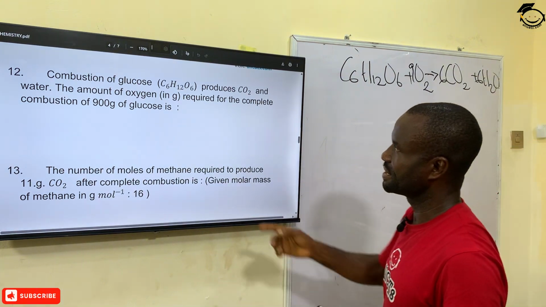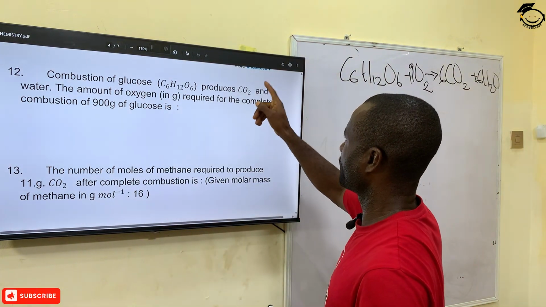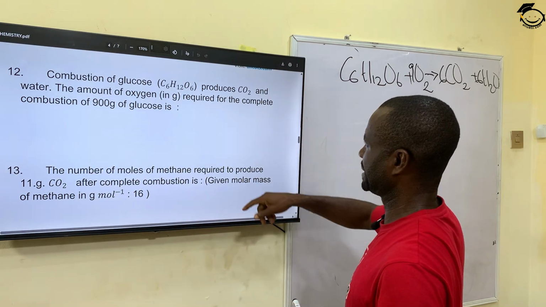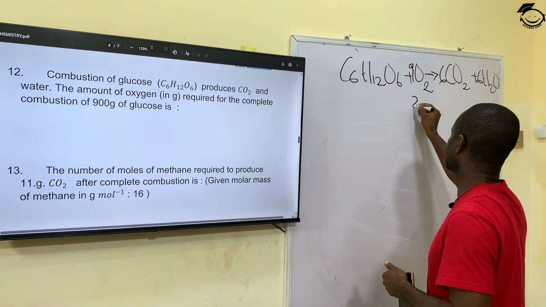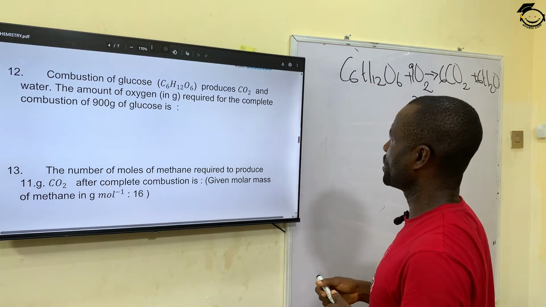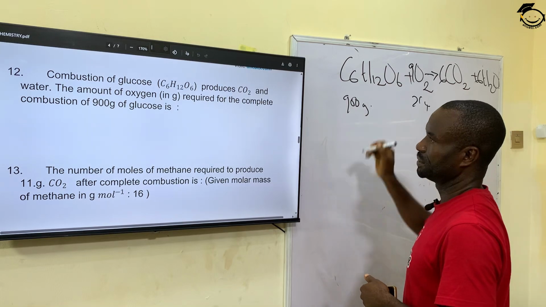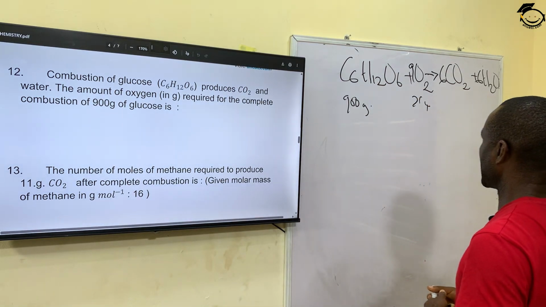So the question again says, combustion of glucose produces CO2 and water. The amount of oxygen in gram, we're looking for this oxygen in gram, that will be required for complete combustion of 900 grams of this. All right.